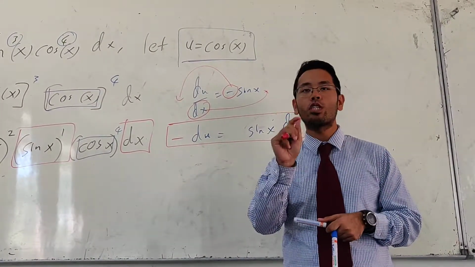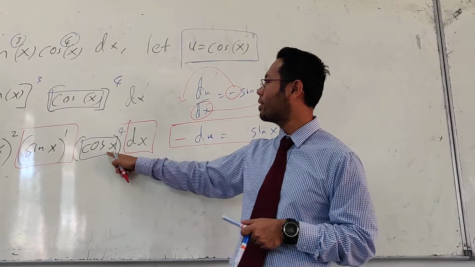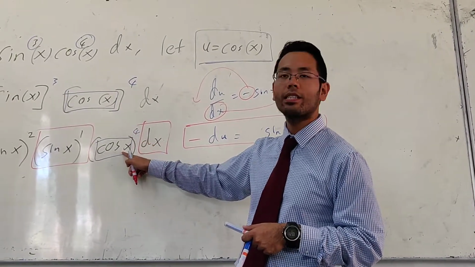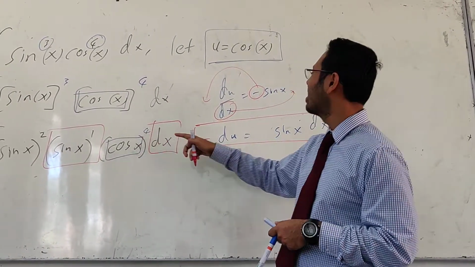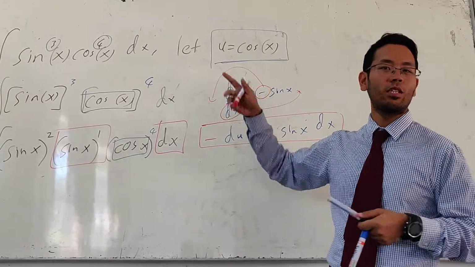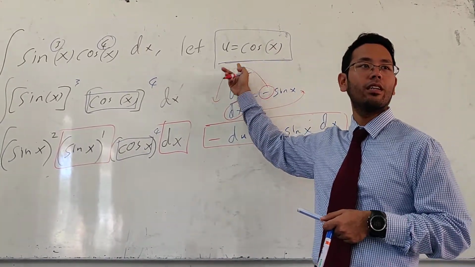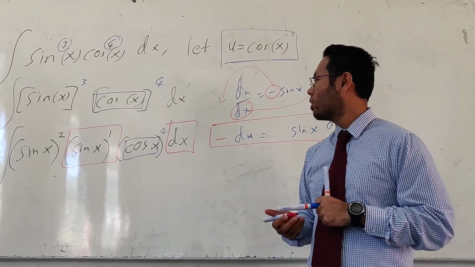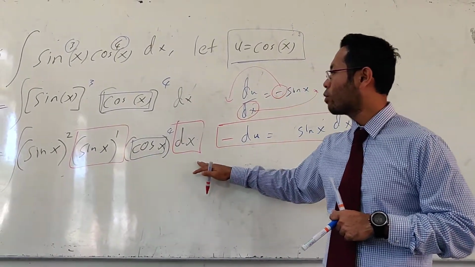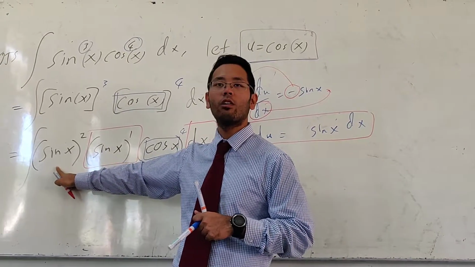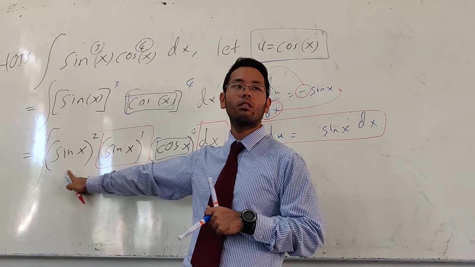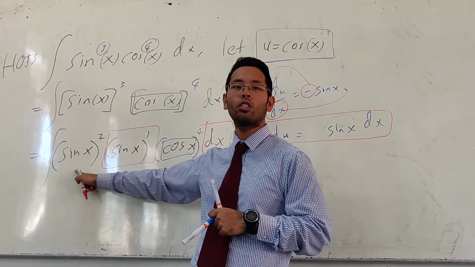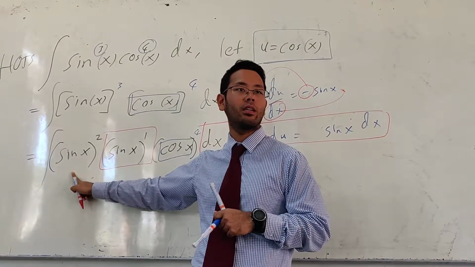Just one question for you: why can I take this inside? Because there's no dx. We just want to replace cos x. So the power 4 does not play a role. So far everything is okay, but this one here I have left over. I should substitute this with what?